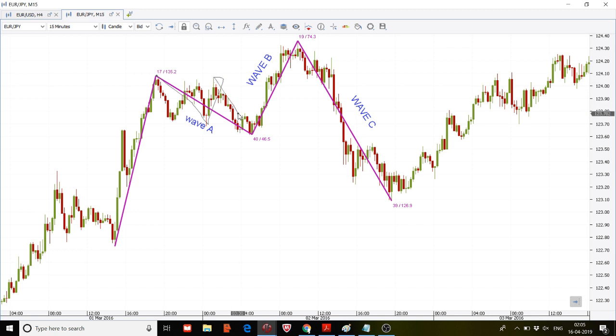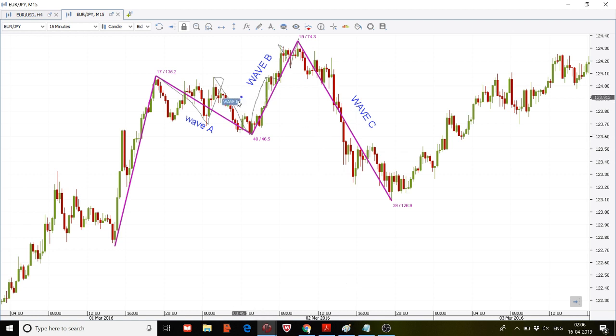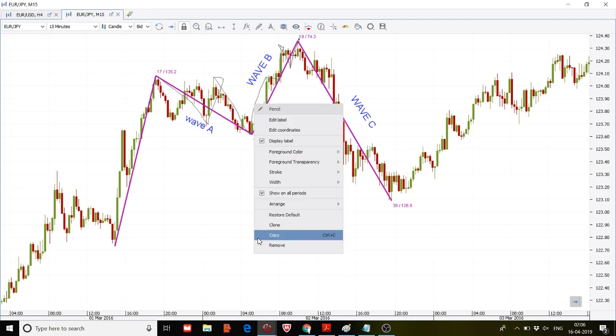Here you can get two or three waves, and similarly here you can get other waves, just as I showed you in the book pattern. Each wave can consist of many waves in itself, and similarly in wave C we can get many waves. My drawing is a little messy, so I should remove it. So this is the structure of an expanded flat.